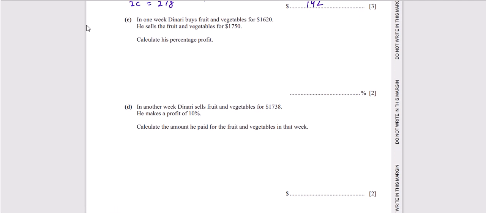Question number 1, part C. In 1 week, Dinari buys fruit and vegetables for 1620. He sells the fruit and vegetables for 1750. Calculate the profit in percentage. First of all, we calculate profit.